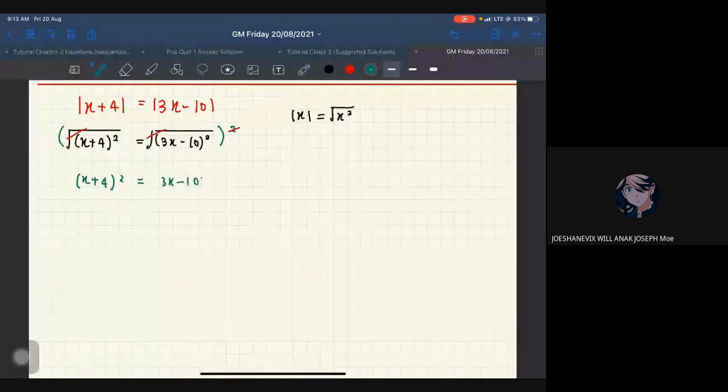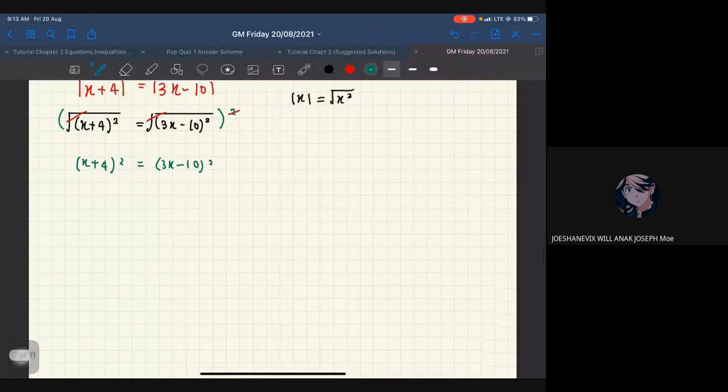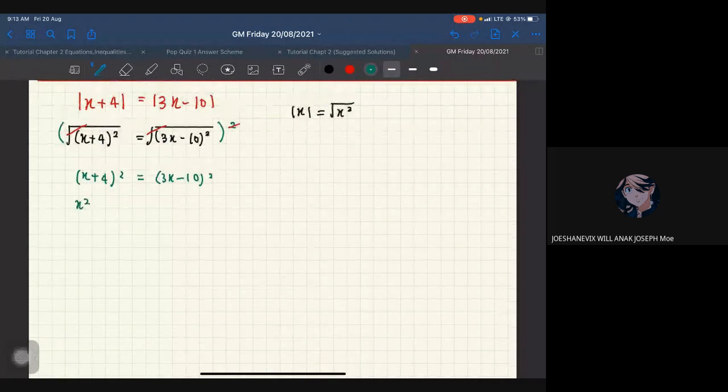Okay, now we expand. The left hand side will be x squared plus 8x plus 16, equal to 9x squared minus 60x plus 100. Is the right side correct? Negative 30 times 2 is negative 60, and this is squared. Now we collect everything on the left hand side.